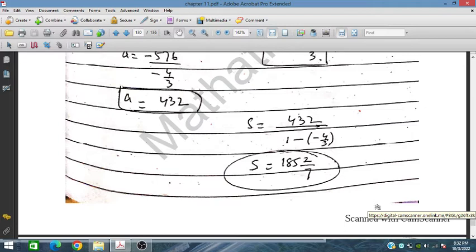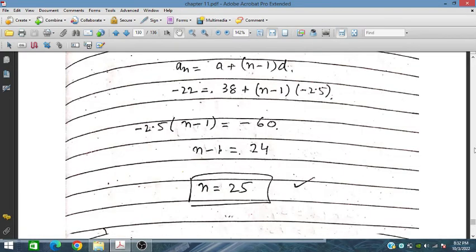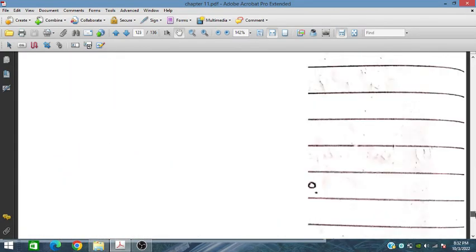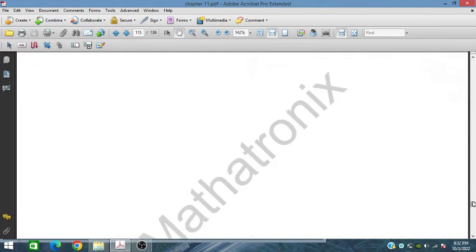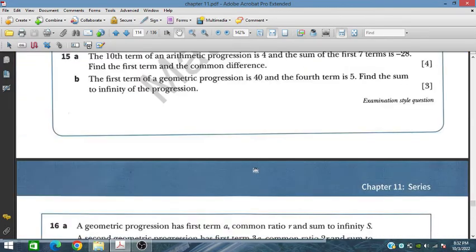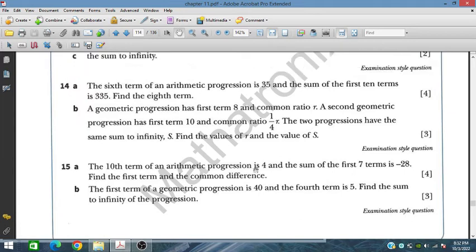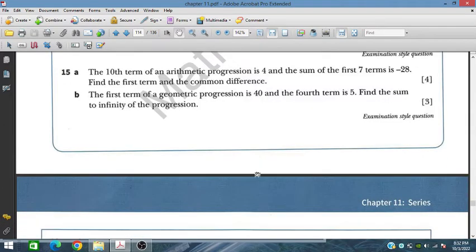Now solve question number 15. The 10th term of an arithmetic progression is 4.